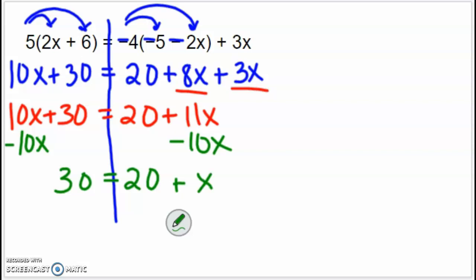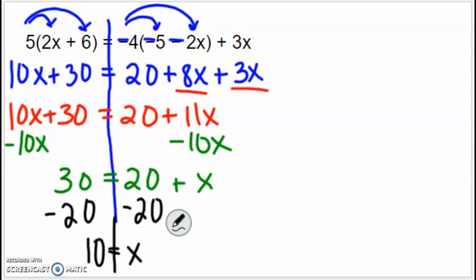And this actually ends up being a 1 step at the end. We're going to subtract 20. So we get 10. Make sure that you ask questions if you are confused still.